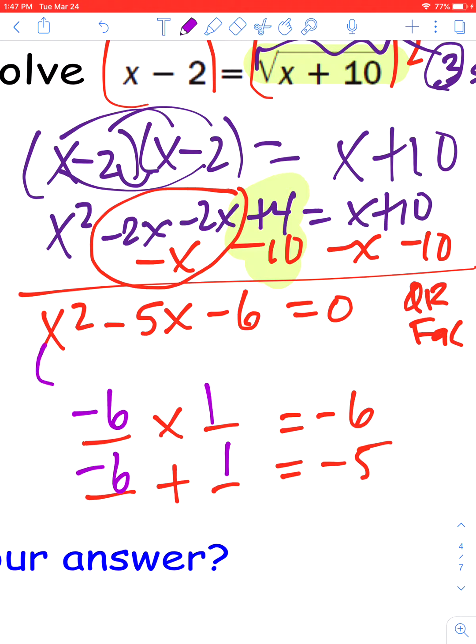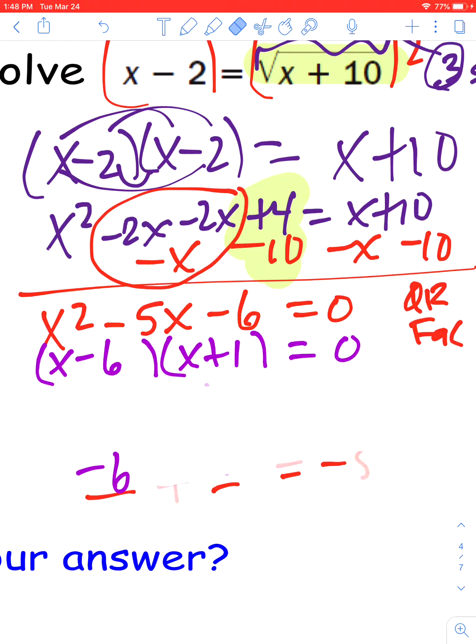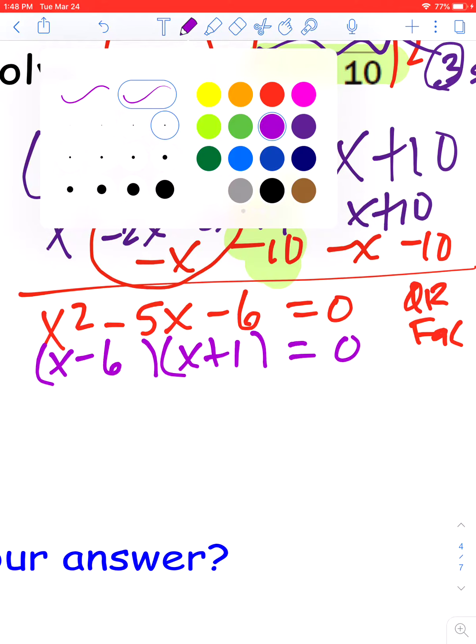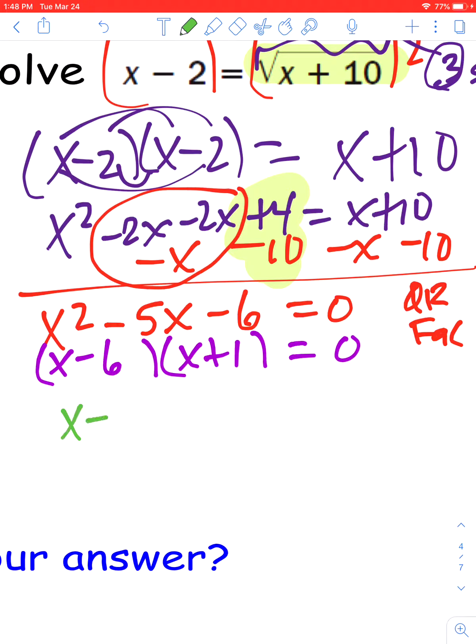If you need to do the AC method, do the AC method, but we get x minus 6, x plus 1. Next, I'm going to use the zero product property. So x minus 6 is equal to 0, and x plus 1 is equal to 0.